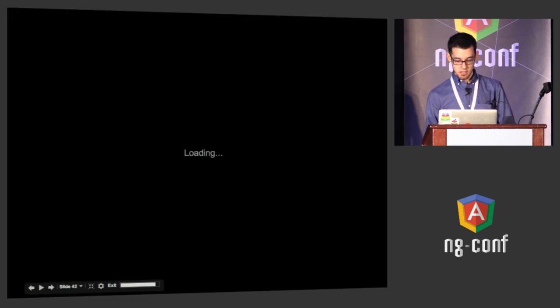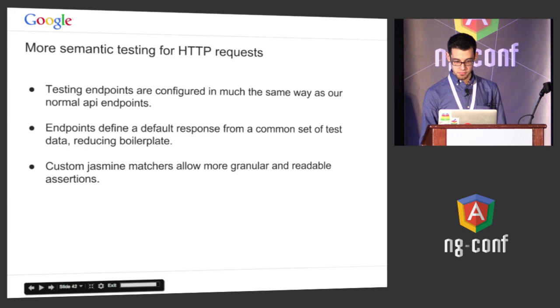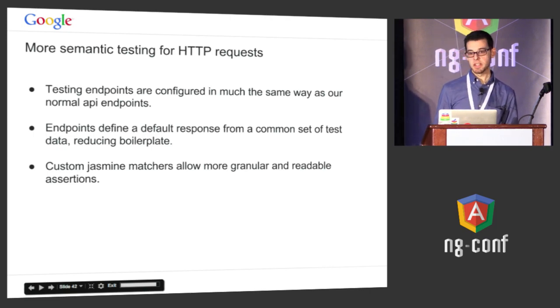And so the configuration for this happens in much the same way as our API service does. It's declarative and fluent, and it includes the configuration for adding response or default responses. This is really nice because it helps prevent copying and pasting test data between tests.